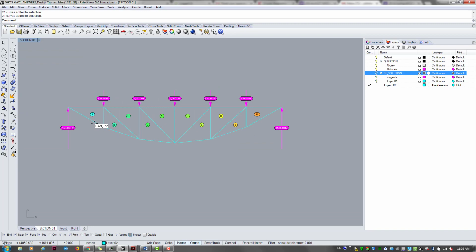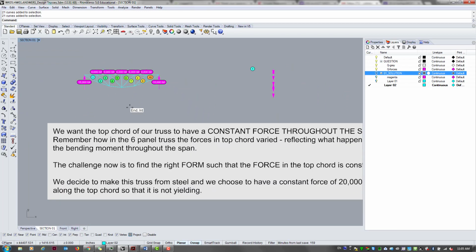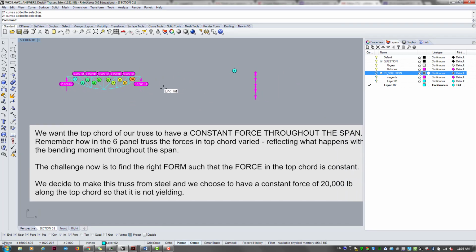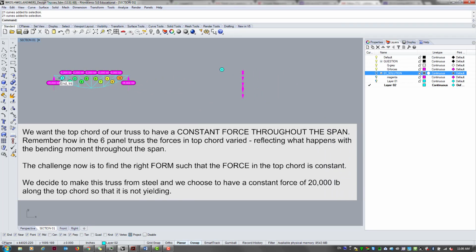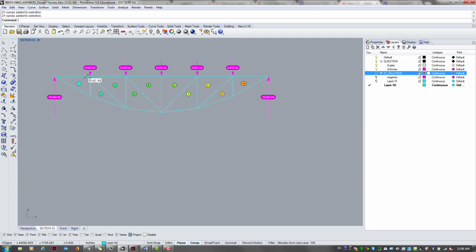So this is actually not a correct geometry, but given this point load, I'm asking the internal force at the top chord. So basically this one, this one, this one, this one, this one, this one. We want all of these to have the same internal force.